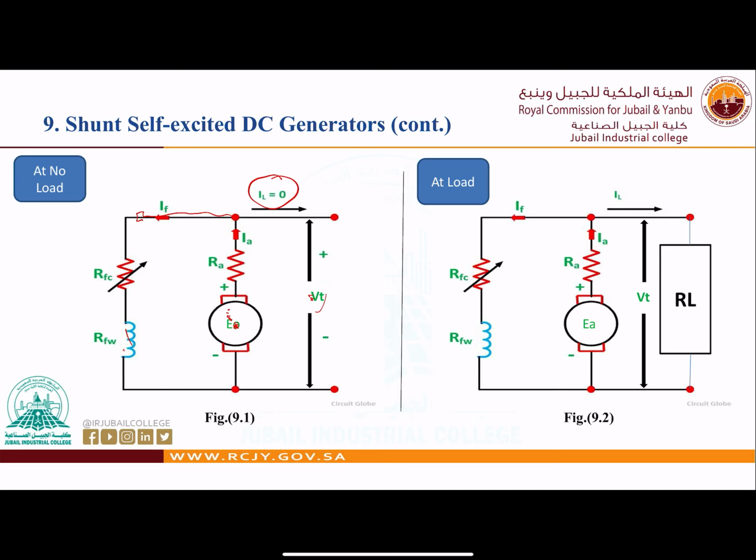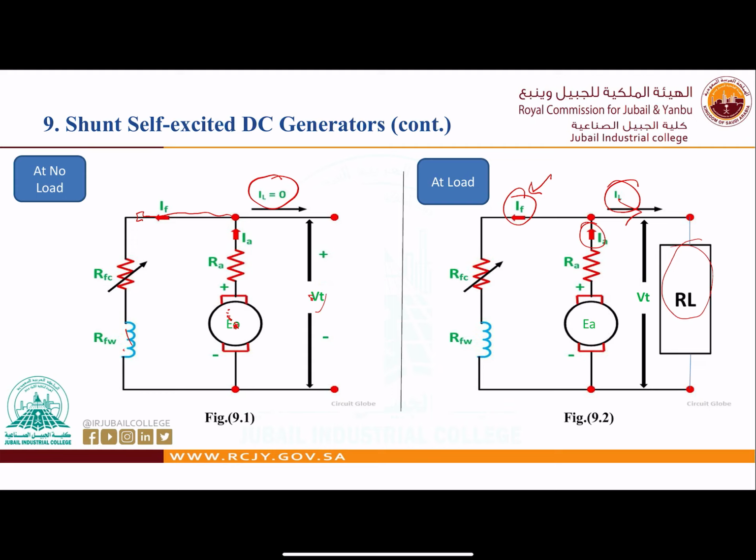But at load we have current here, so this current is this one plus this one. IF is a very small current, and the rest of the current is determined by the R load, which is the resistance or impedance of the load.